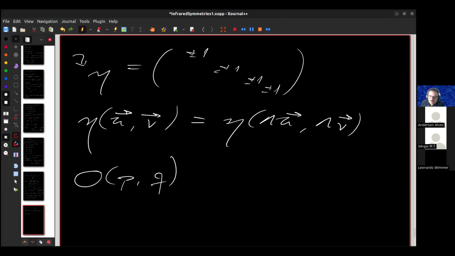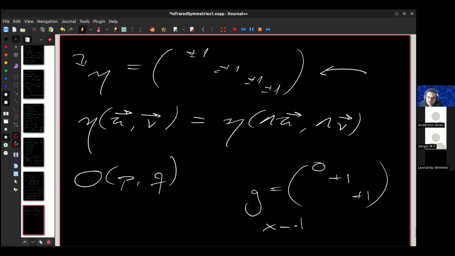So this is the general semi-Riemannian case, but there are situations in which you may be interested in metrics which look like 0, and then, for example, we are going to deal with the case in which we have 0 plus 1 plus 1. This is the metric of a null hypersurface. So if you consider, for example, Minkowski spacetime, and you consider the surface x minus c equals 0, this surface has a metric that looks like this.